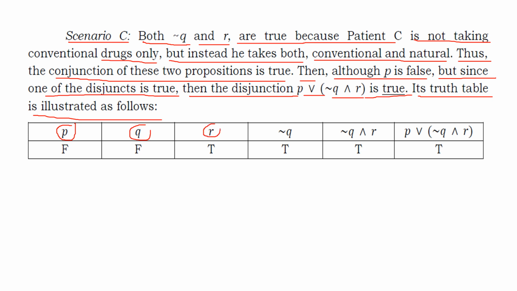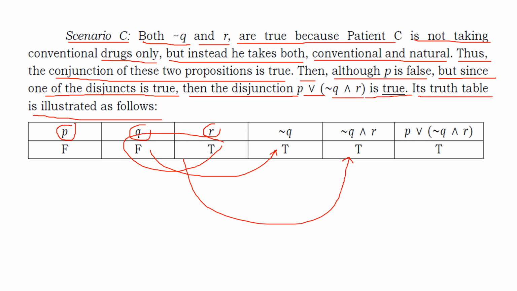Then the negation of Q is totally opposite of this one, that's why your negation Q now is true. Then the conjunction of negation Q and R, in this case, will be a true statement.